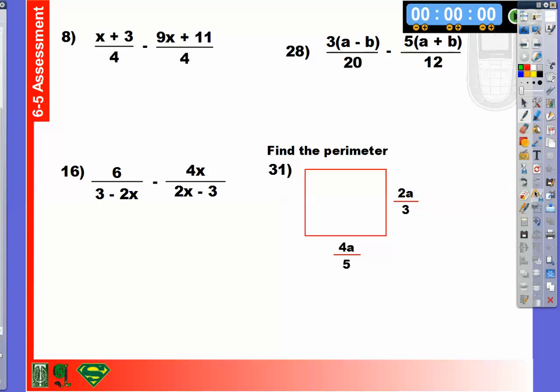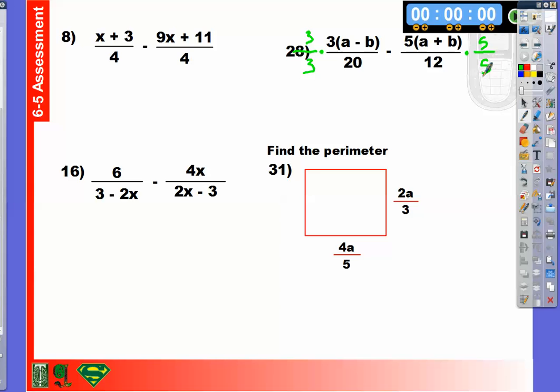Yes, Ellie? 60. They both go into 60. What will I have to multiply this fraction by to get the denominator to be 60? 3 over 3, which is equal to 1. What will I have to multiply this fraction by to get it to 60? 5 over 5, which is equal to 1.